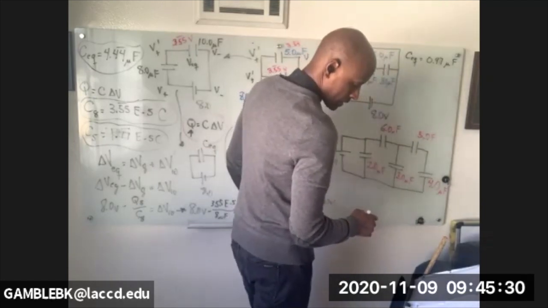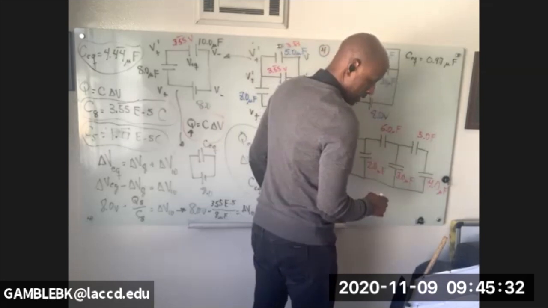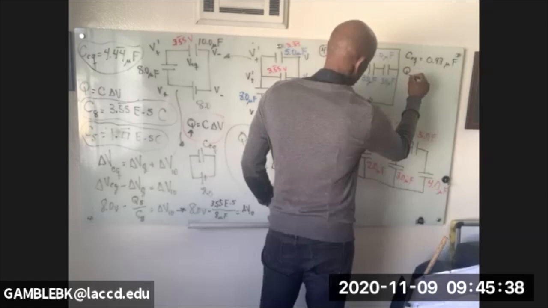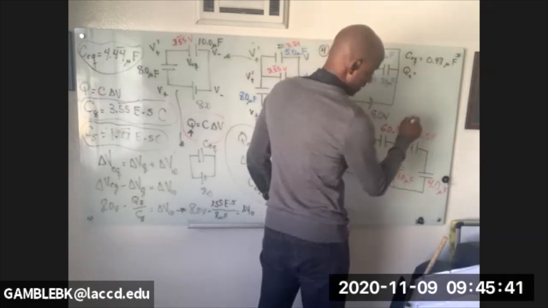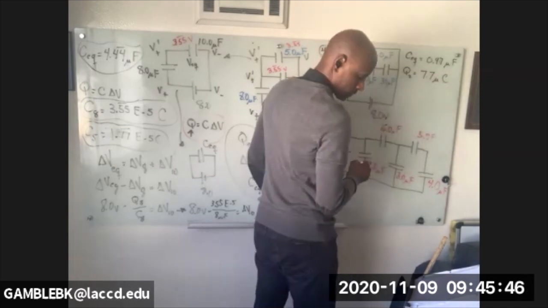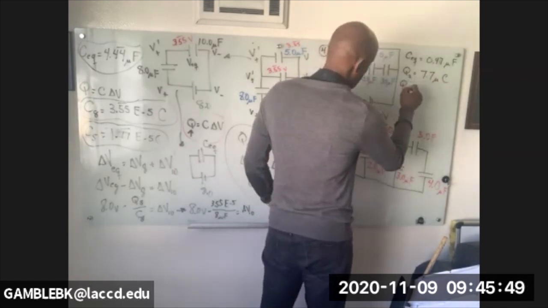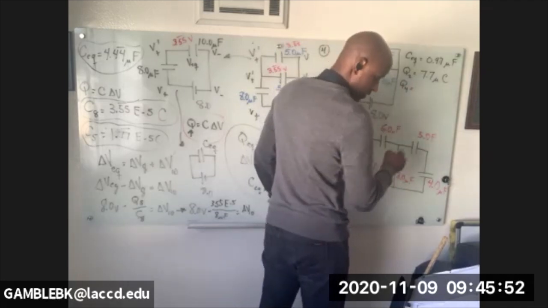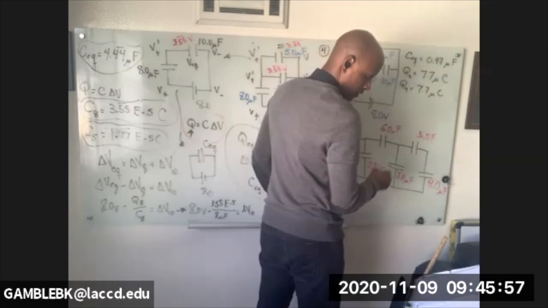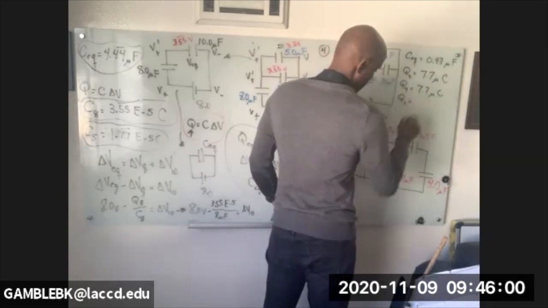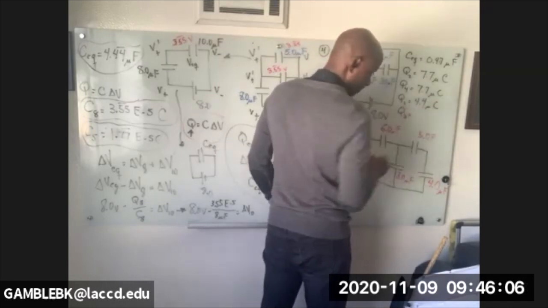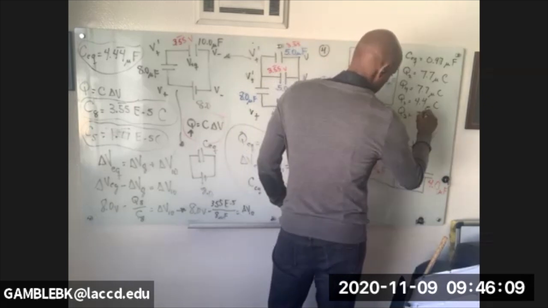And Q2 is like 7.7 microcoulombs. Q4, 7.7 microcoulombs. Q2, 4.4 microcoulombs. And Q3, 3.3 microcoulombs.